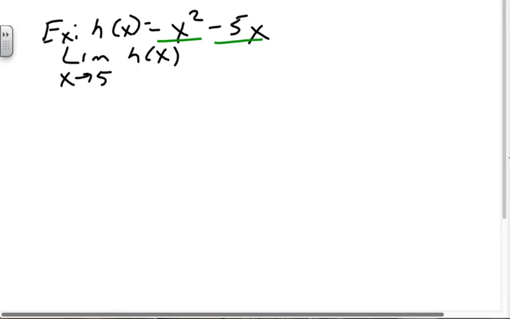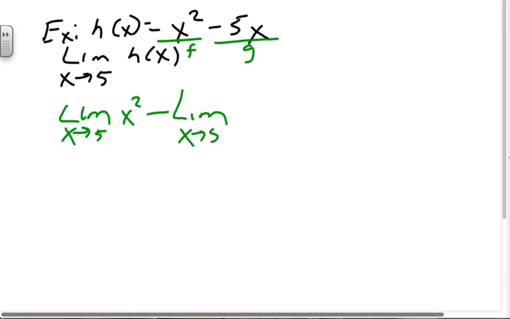There's f, and there is g. Okay, so what we want to do is rewrite this as the limit as x goes to 5 of x squared minus the limit as x goes to 5 of 5x. All right, this guy is 25 minus 25, which means it is 0.